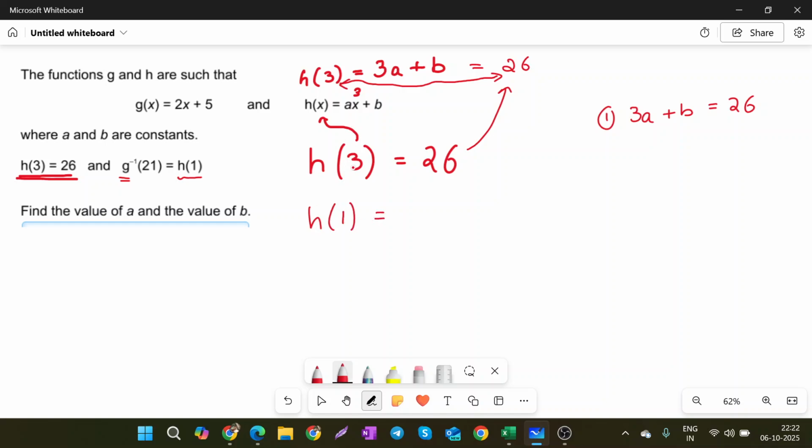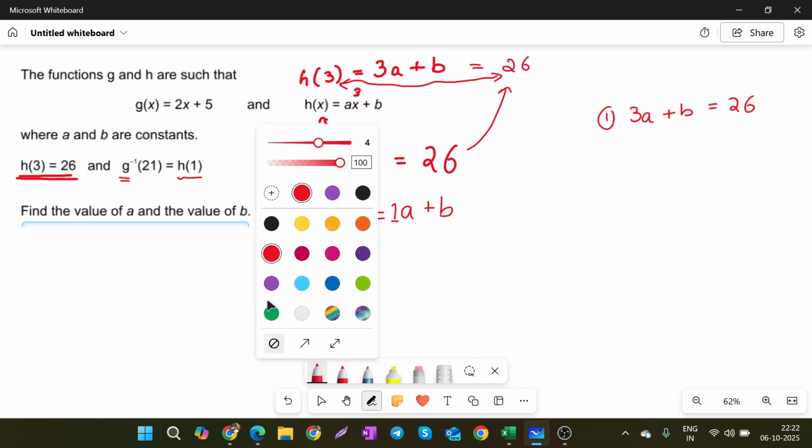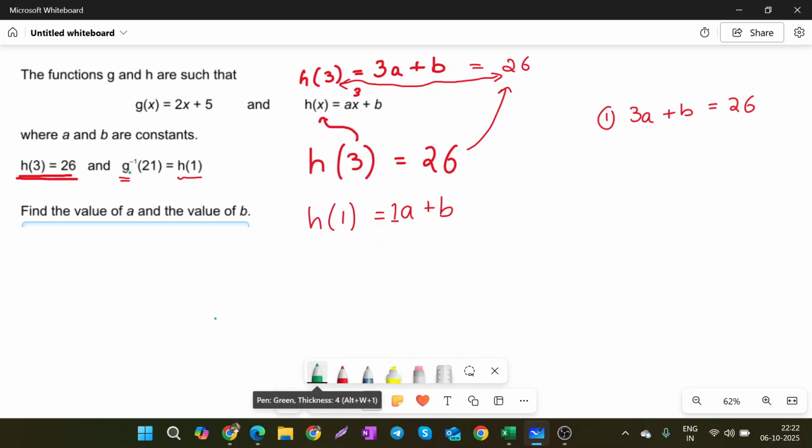H of 1 would be equal to, plug in x as 1, that means you would get 1a, or just a, plus b. So we've got what is h of 1. Let's go back and then try to figure out g inverse of 21. But if you want to figure out g inverse of 21, you first need to figure out what is g inverse of x.